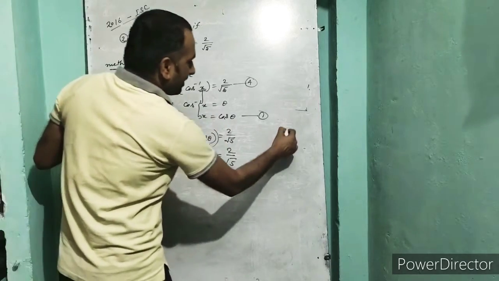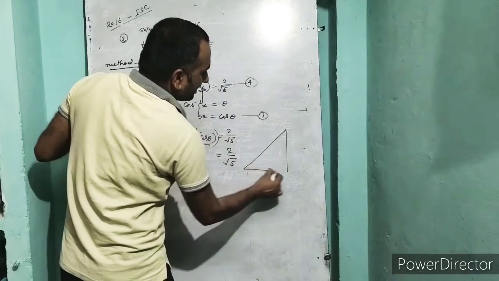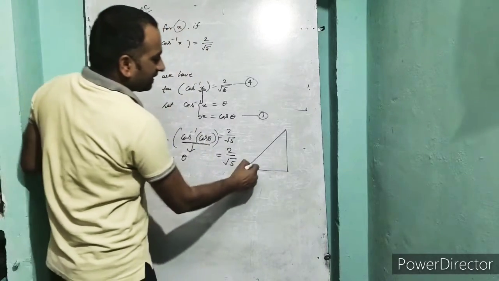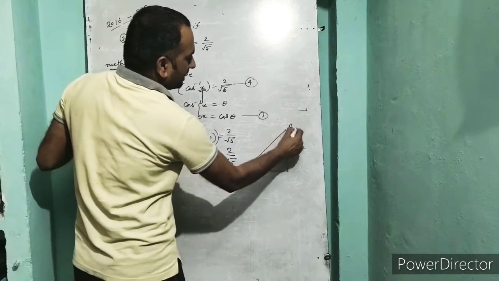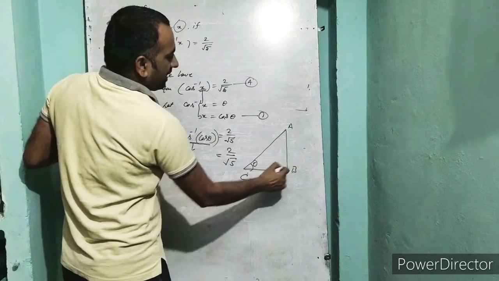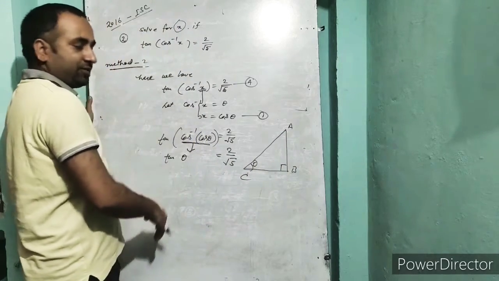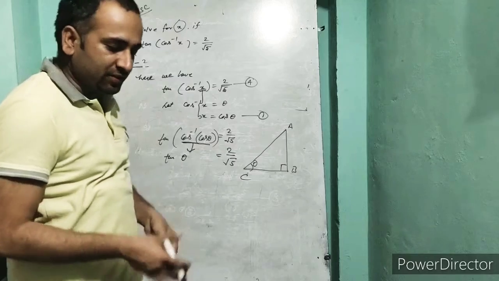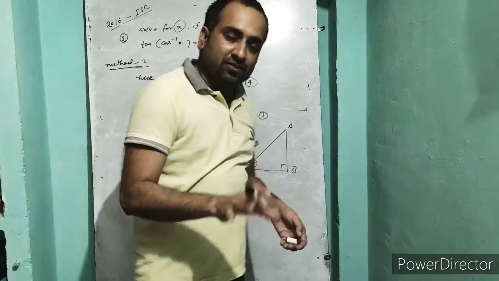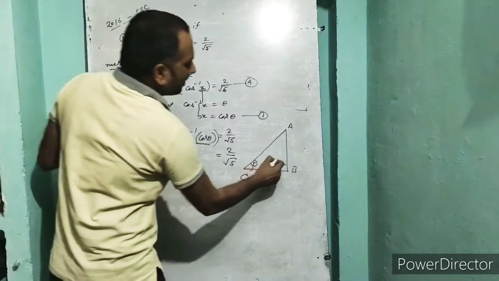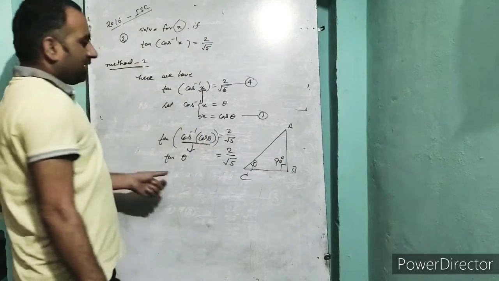Now see here, suppose it's a triangle, a right angle triangle, and this is your angle theta. These are the trigonometrical ratios, so we can apply the Pythagoras theorem here. Angle B is 90 degrees. Tell me what is tan theta?